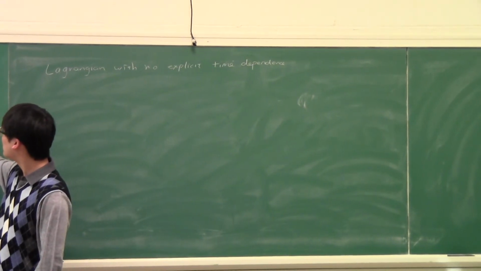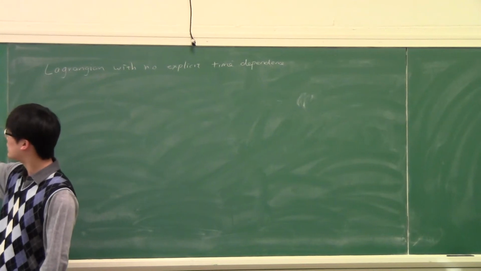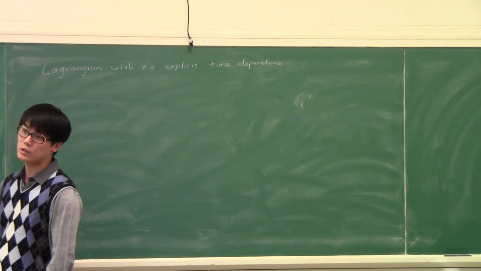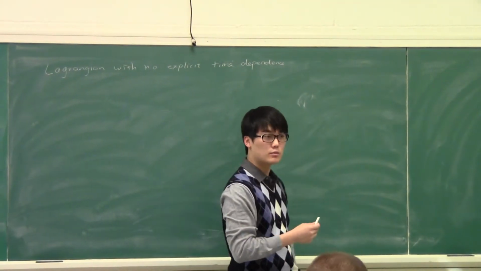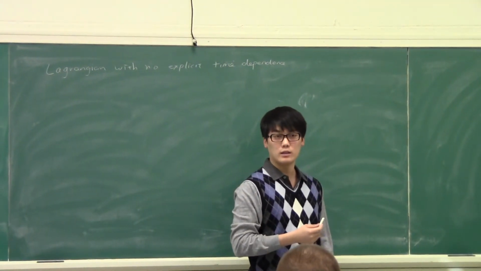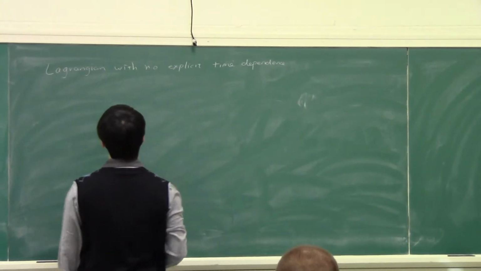But explicit time dependence means that it's not dependent on time through the position or the velocity. There's an explicit function of time, and that corresponds to when your potential function is an explicit function of time.